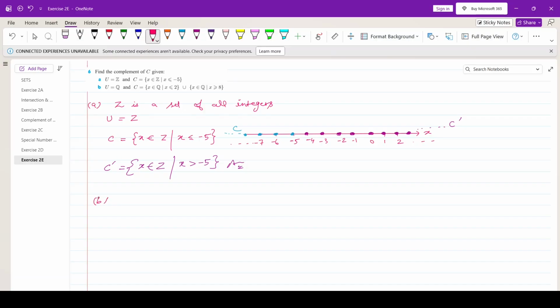Now part B says universal set is Q. That means a set of all rational numbers.